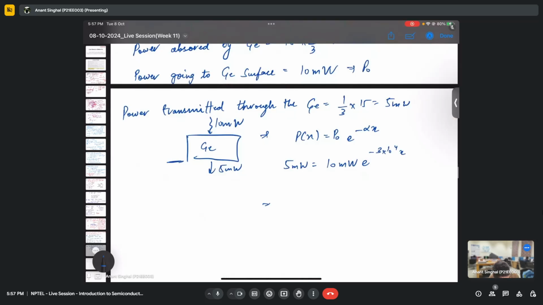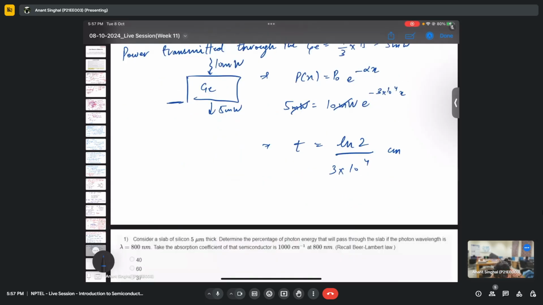So this will be 1 by 2. So T will be ln 2 divided by alpha. Alpha is 3 times 10 raised to the power 4 per centimeter. So I can write ln 2 by 3, times 10 raised to the power minus 4 centimeter, which is nothing but micrometer. So the answer will be ln 2 by 3 micrometer.